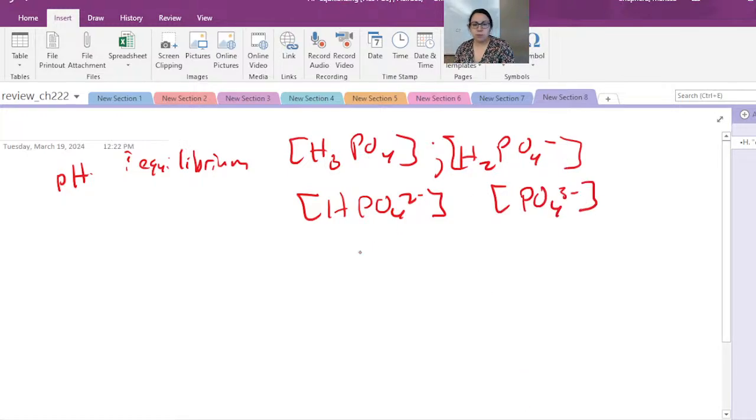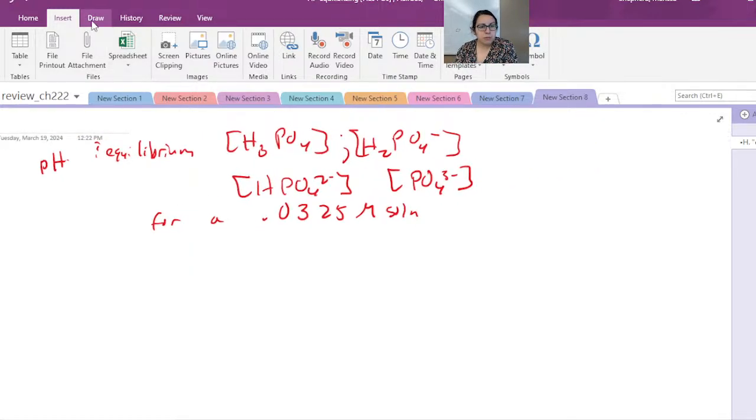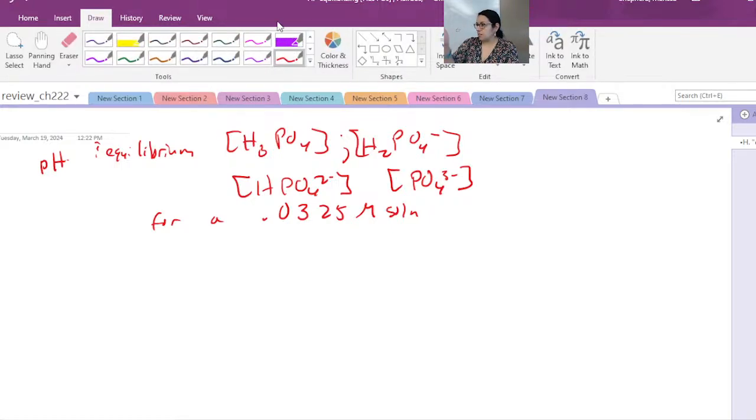And it says for a 0.0325 molar solution. This starts off just like we did before, where we have to set up each little step and then think about what gets added. So start with your first dissociation.